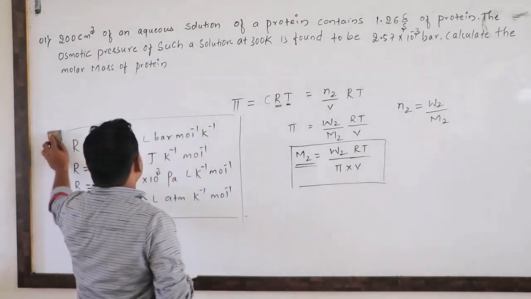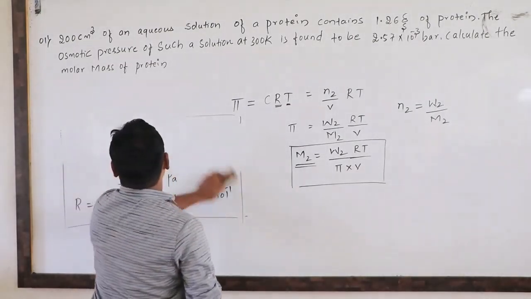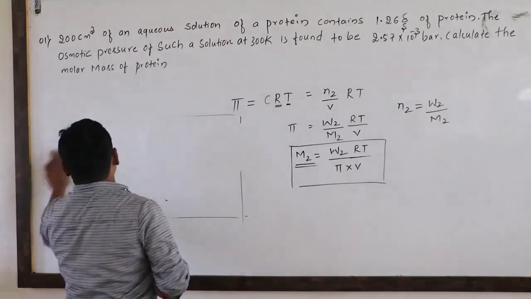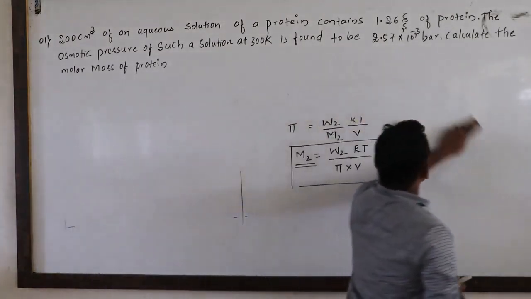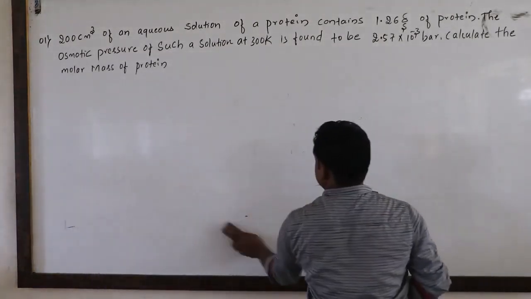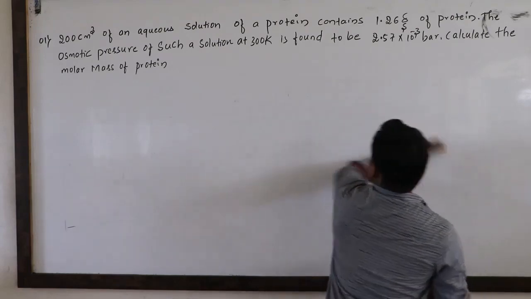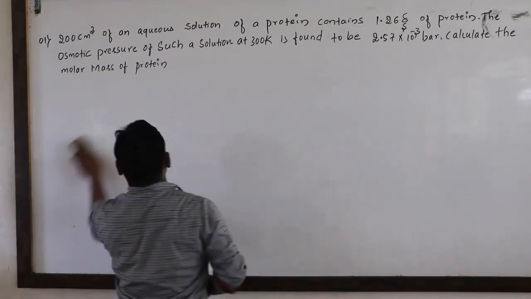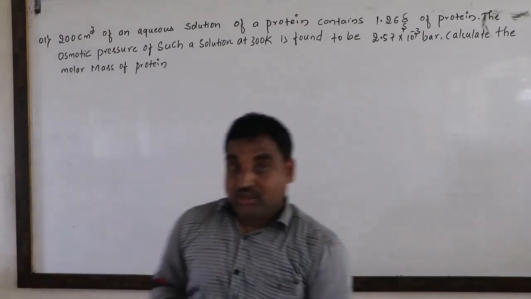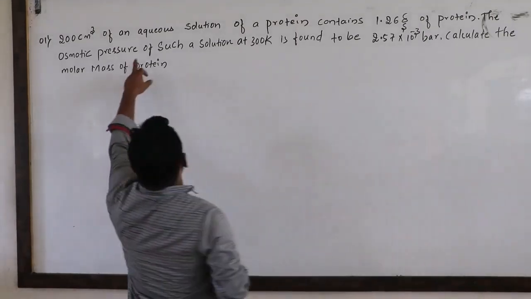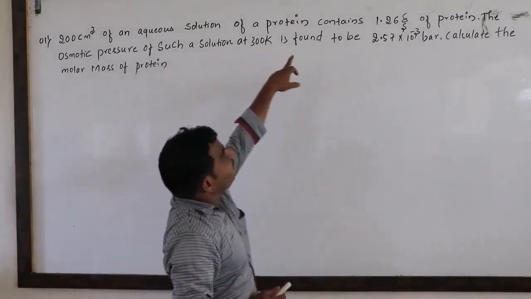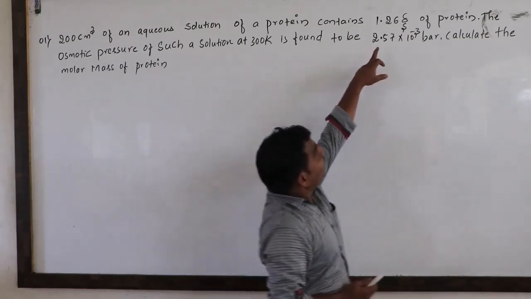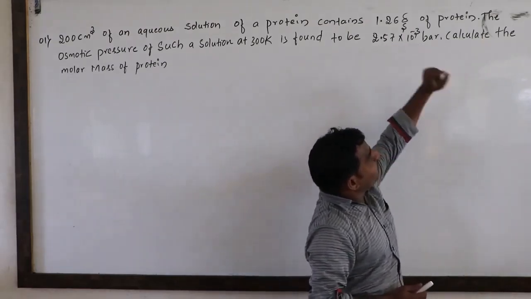I have written one example on osmotic pressure, that is the first problem. 200 cm cube of an aqueous solution of protein contains 1.26 gram of protein.